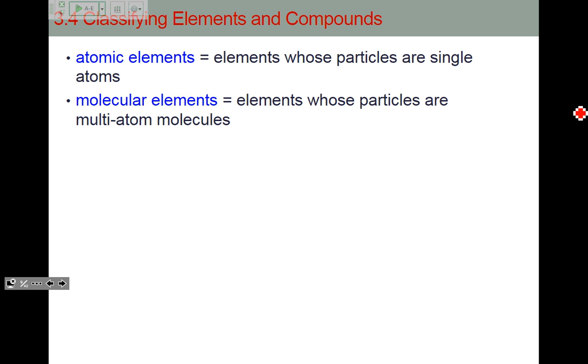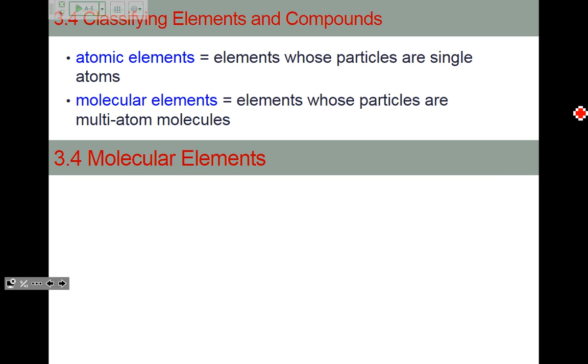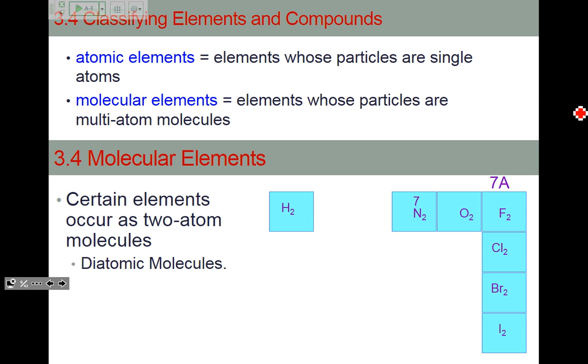So as far as classifying our elements, there are two main types of elements: atomic elements and molecular elements. Atomic elements are elements whose particles are single atoms in the elemental form, and that's most of the elements. But there are a lot of elements that are multi-atom molecules, for example H2, N2, O2, and our halogens.